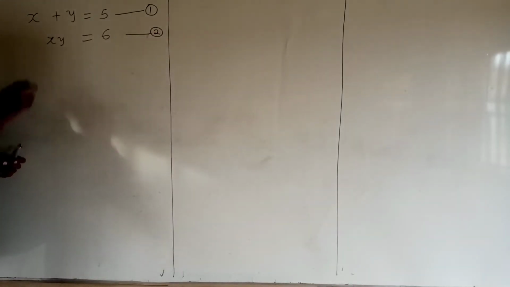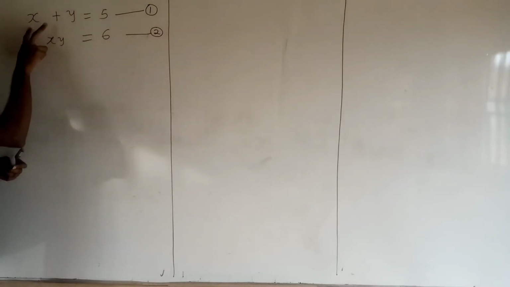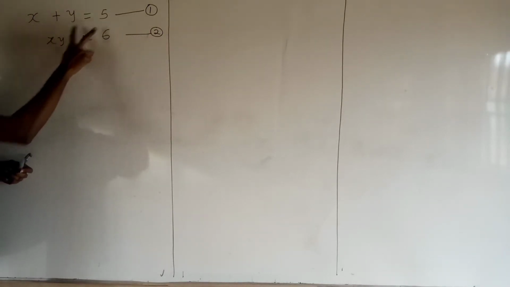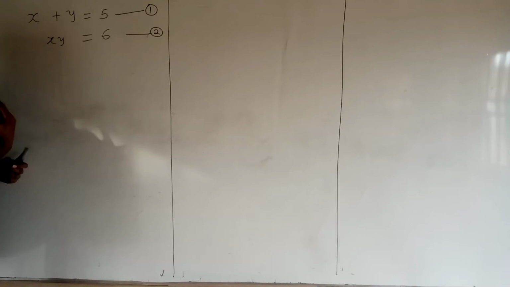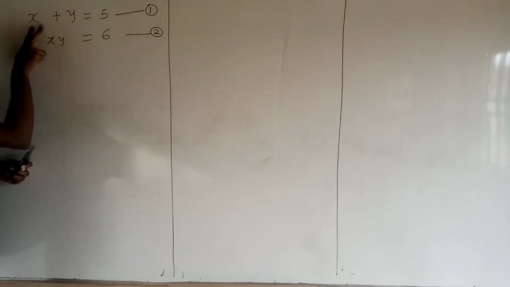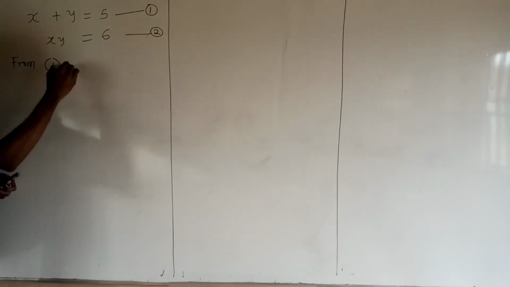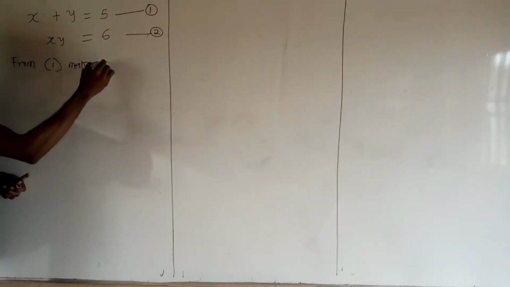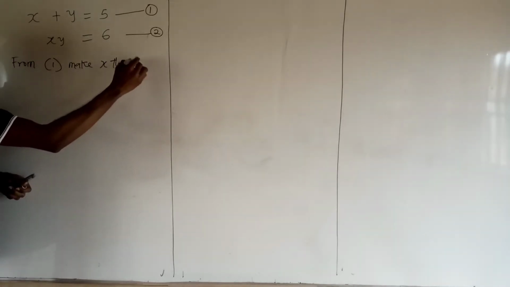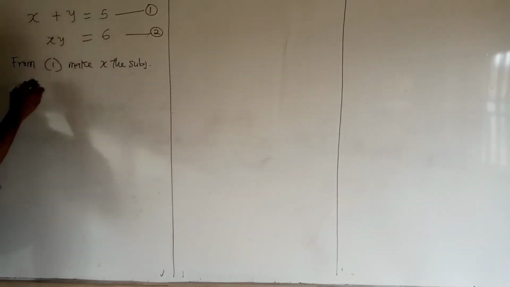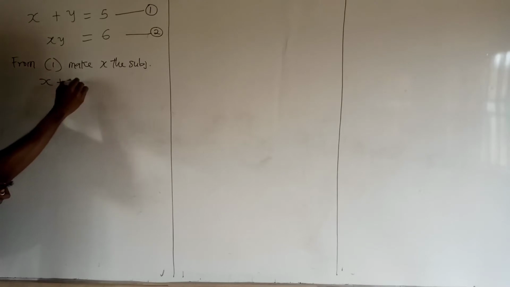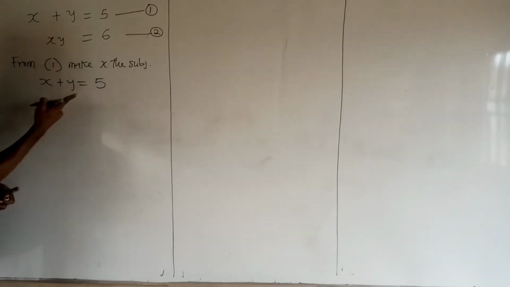Now, from equation 1 I will make either of the variables the subject of the formula. I would like to make x the subject of the formula from equation 1. So I have x plus y is equal to 5 as my equation 1.